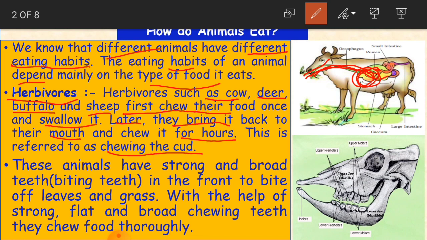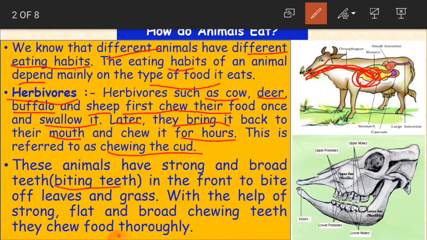So especially cow, deer, buffalo and sheep, all these animals, children, first chew the food and swallow it, and after that they bring the swallowed food back to their mouth and chew it for hours. Clear? And these animals have strong and broad teeth.